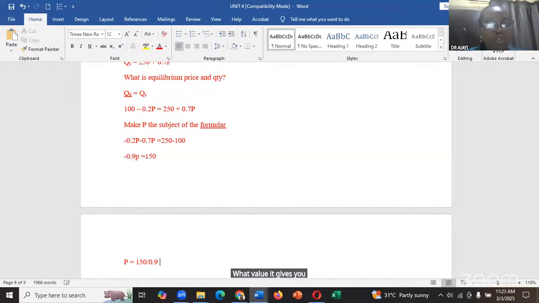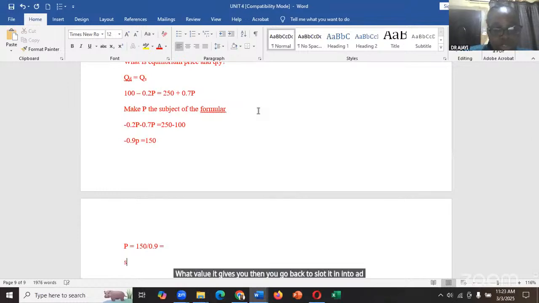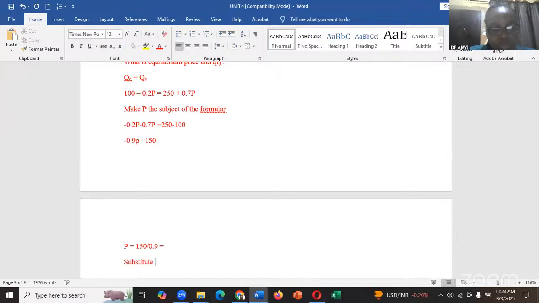Then you go back and substitute P in either the demand or supply function to get the equilibrium quantity.